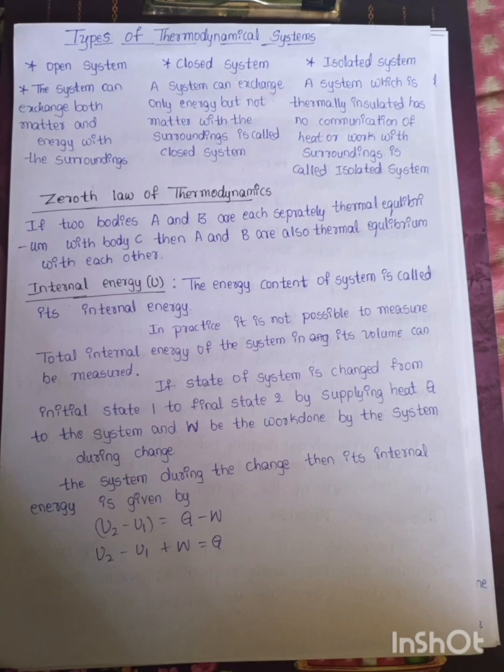In a closed system, the system can exchange only energy but not matter with the surroundings. An isolated system is a system which is thermally insulated and has no communication of heat or work with the surroundings.